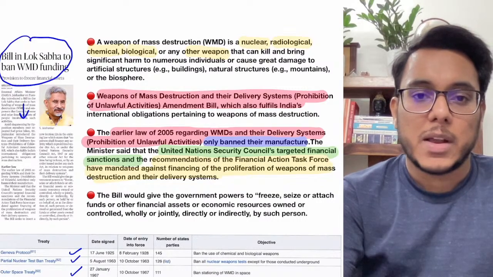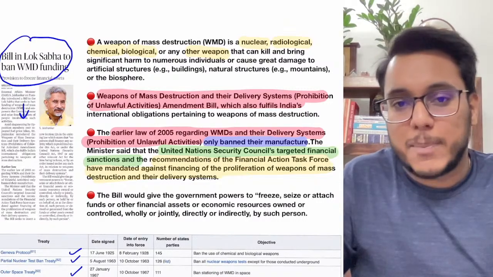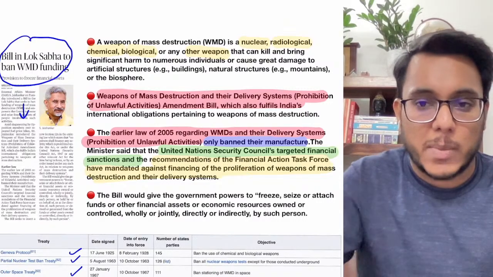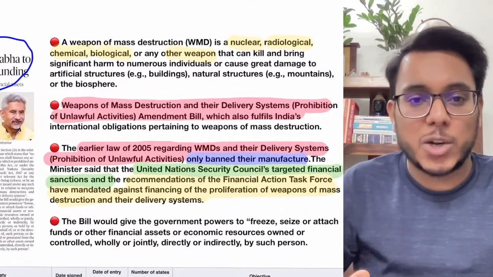First of all, guys, see, what is a weapon of mass destruction? The background information. When we talk about weapons of mass destruction, it is any kind of weapon.